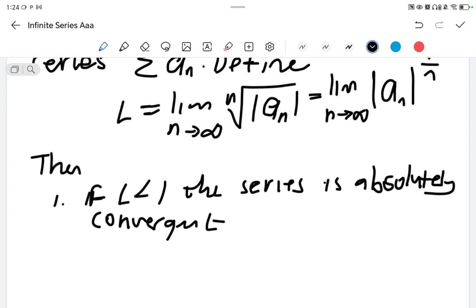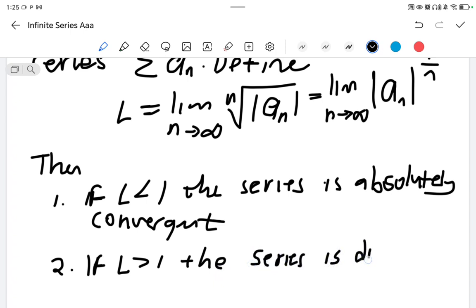Then we check if L is greater than 1, then the series is divergent.